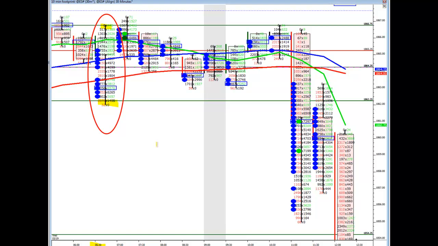We have a bunch of blue dots, and if you remember, the blue dot on the 30-minute chart was for any volume above, it's a filter, any volume above 8,000 contracts. And I also have some KVT, but very little, right here in this area.